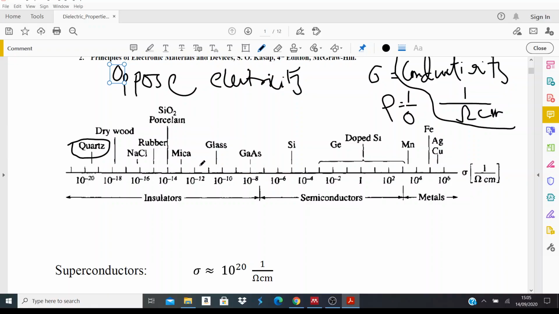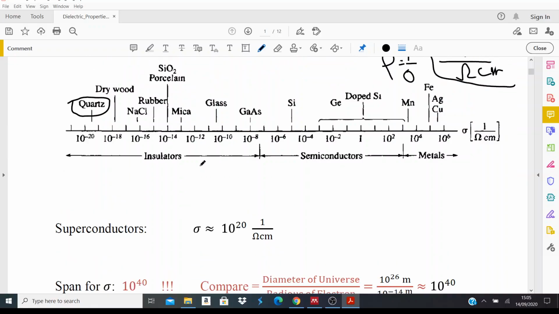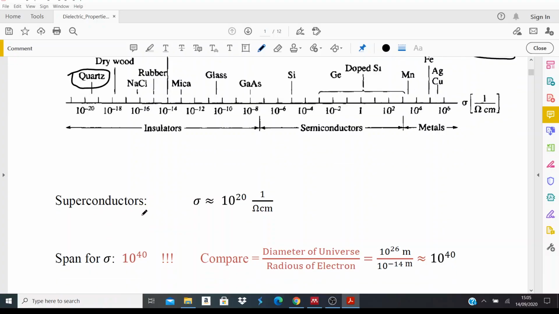And if you ask yourself what's beyond these metals, right? Metals are really good conductors. Beyond that we have the superconductors, right? And we have already discussed superconductivity. An estimate of conductivity for superconducting materials is 10 to the power 20 1 by ohm centimeters.